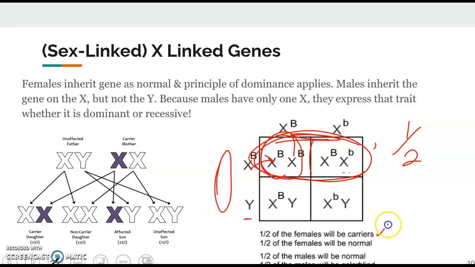So half of your females are going to be carriers, half are going to be normal. And for your males, you notice that there are no carriers, right? You either have it if it's a recessive disorder, or you don't. So males are either affected or they're not affected.